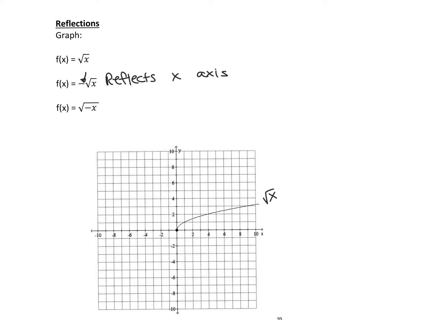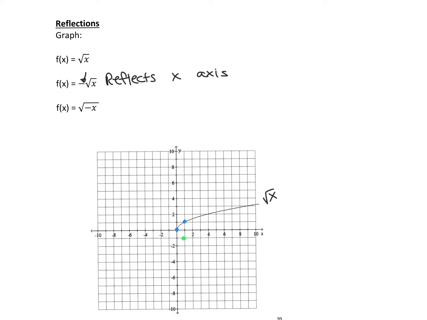So what that means is it takes these ordered pairs. The 0, 0 stays the same, right? But this ordered pair here, if I reflect over the x-axis, and I'll do this in green, is actually going to go down below the x-axis. And then my other ordered pairs would do the same thing.